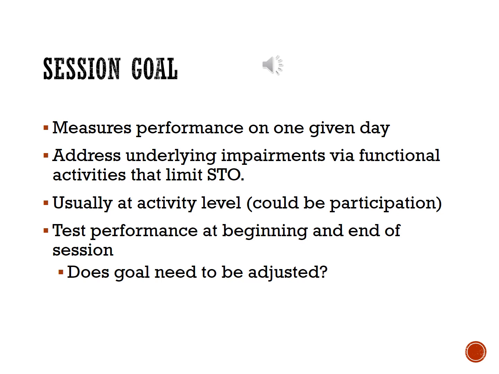Different than long and short-term outcomes, the session outcome is not going to measure learning, but rather it's going to measure performance, or that snapshot in time that's happening over one given therapy session. Usually the session outcome is written at the task level or the activity level of the ICF.